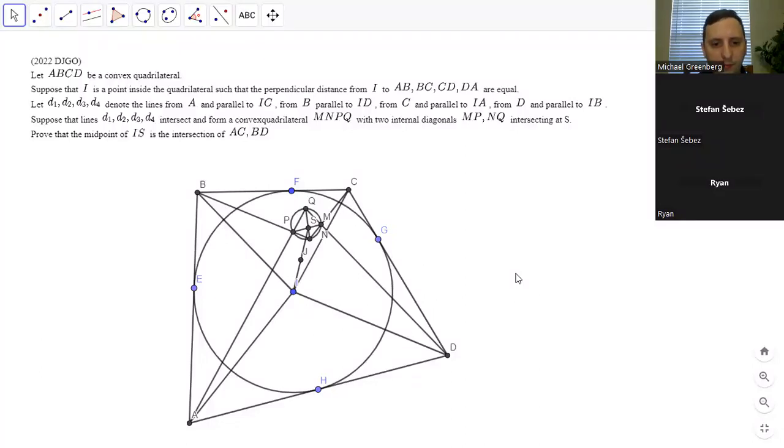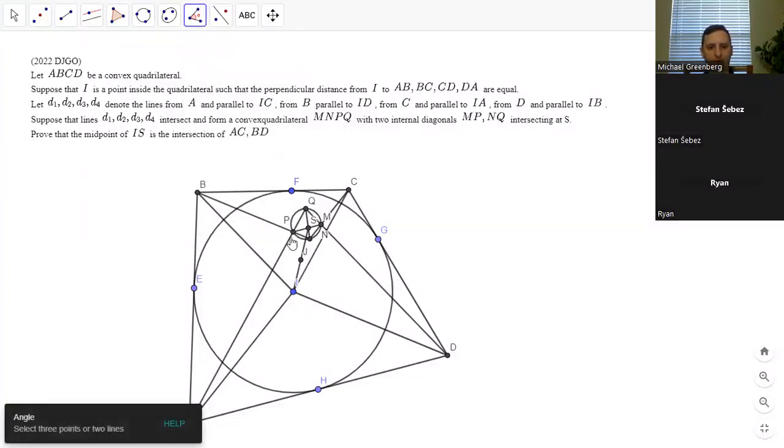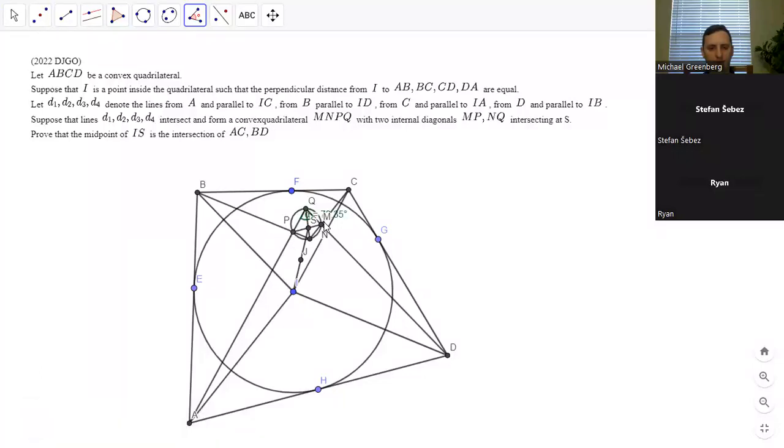So I wonder if FEHG is similar to QPJM. It doesn't seem like that should be that hard to check. So this angle, yeah, I think it's true.